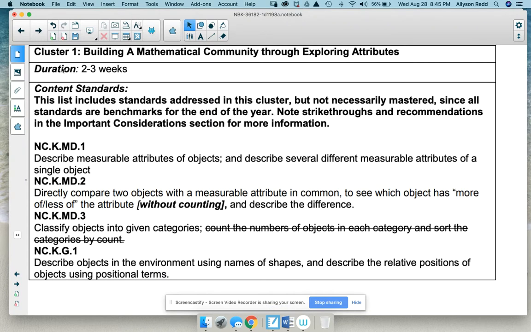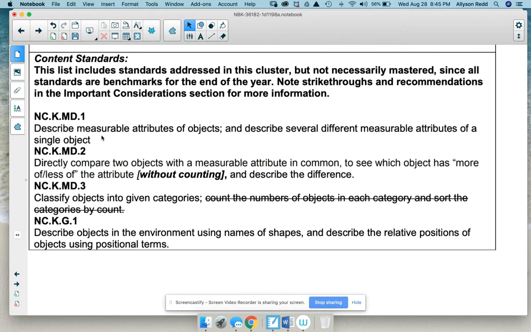So this is the document, understanding the cluster, and I really like this part right here where it says not necessarily mastered. Right? This means that we're still giving students time to figure all this out. They don't have to get it in 2 to 3 weeks.